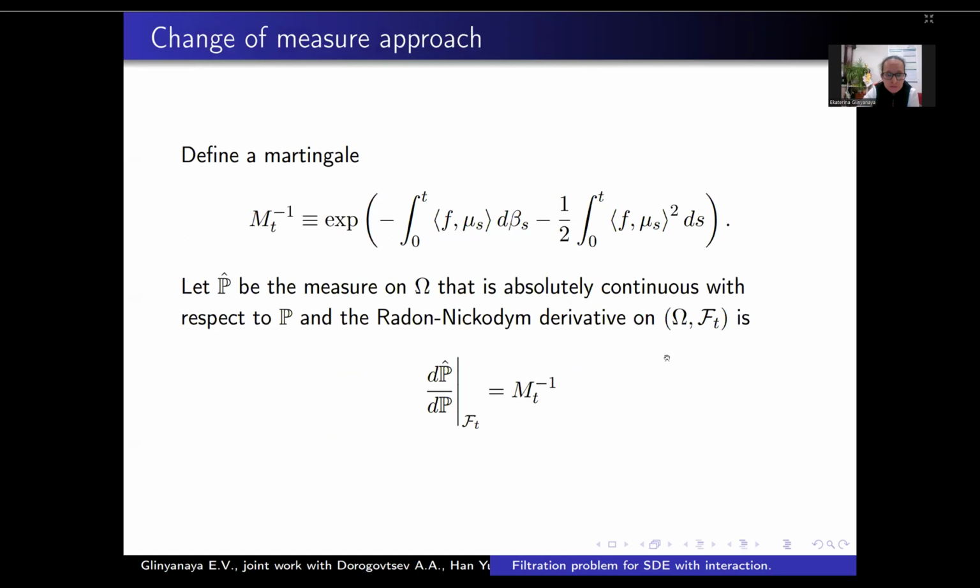And here I will use the approach which is well known in the filtering problem. So in order to find the equation for the conditional expectation, we will use a change of measure approach. Why do we need it?